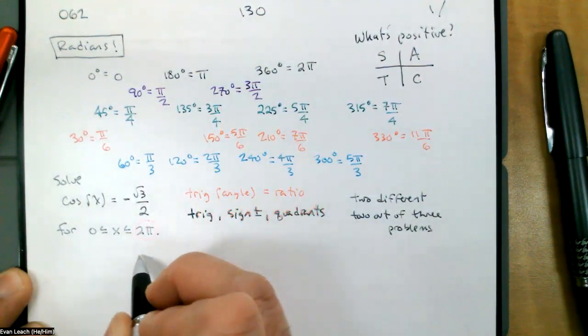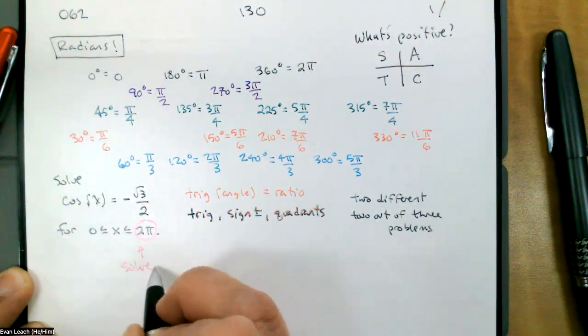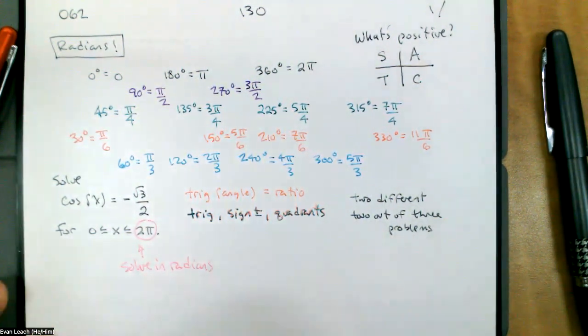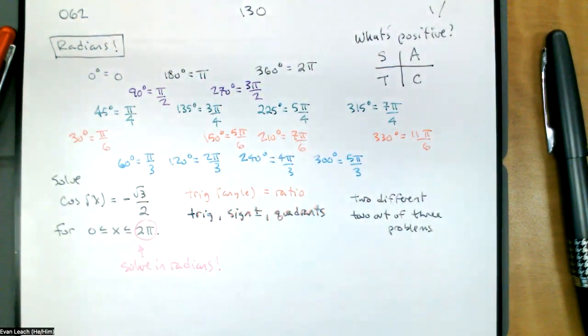The 0 doesn't tell us anything, but this means the problem is in radians. In general, I use x for when I want radians and theta when I want degrees, but that's not always reliable and by no means standard, even with me writing the problems.